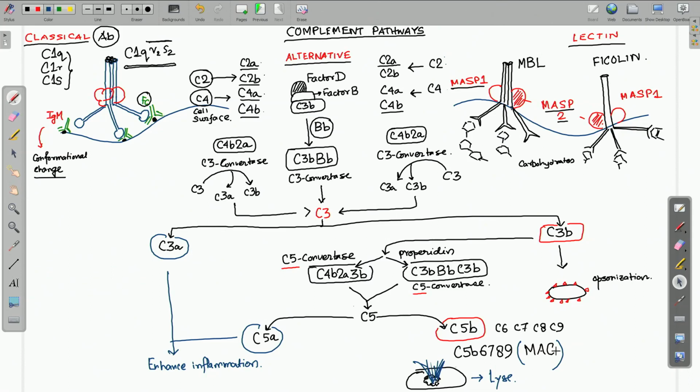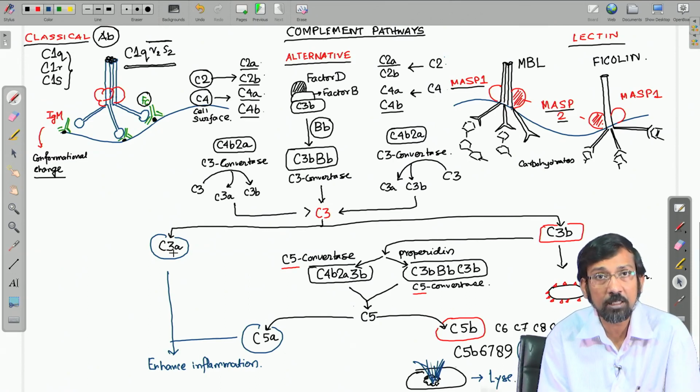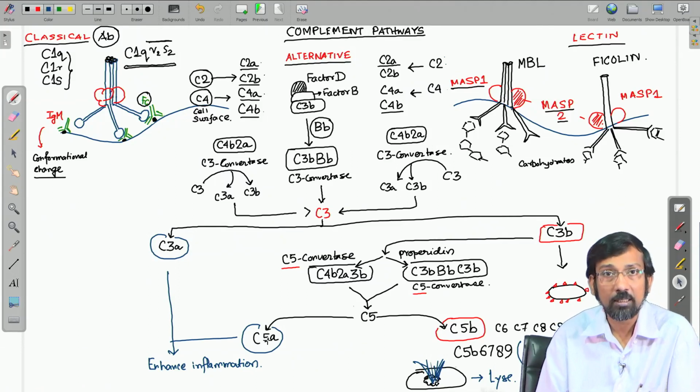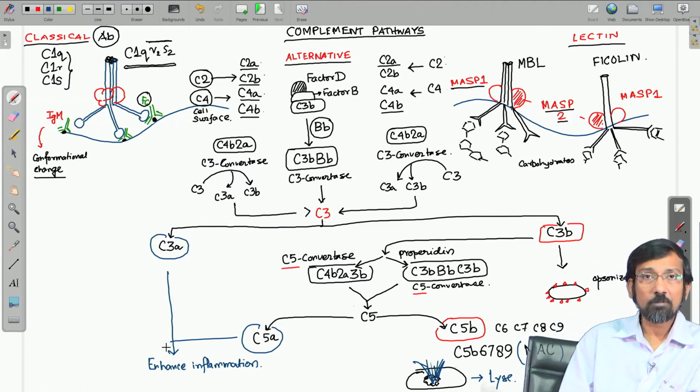At the same time, the C5, which has been broken into C5a and C5b, the C5b as we see is mainly forming the membrane attack complex, the C5a as well as the C3a, which was also a cleaved product of C3, these two together can be important factors in enhancing inflammation.